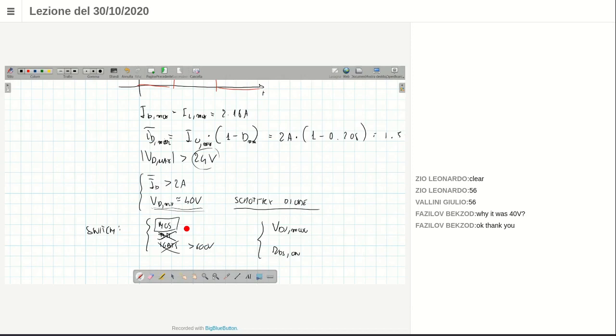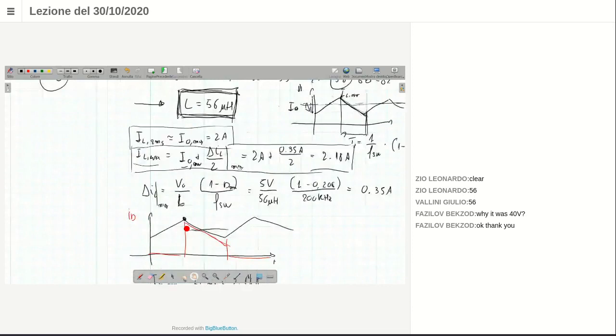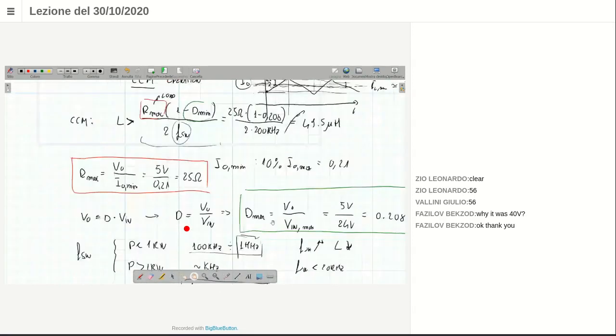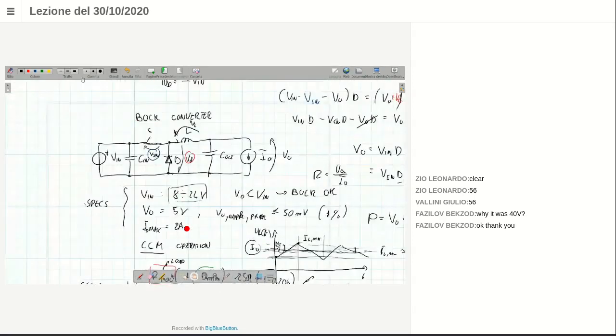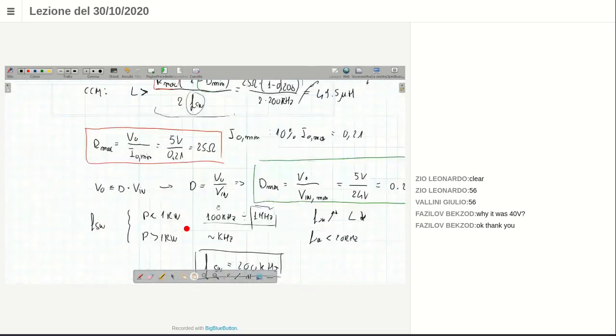What about the maximum voltage across the switch? We have the maximum voltage across our switch when, of course, the switch is open. And when the switch is open, the diode is on, and the voltage across the switch is Vin.